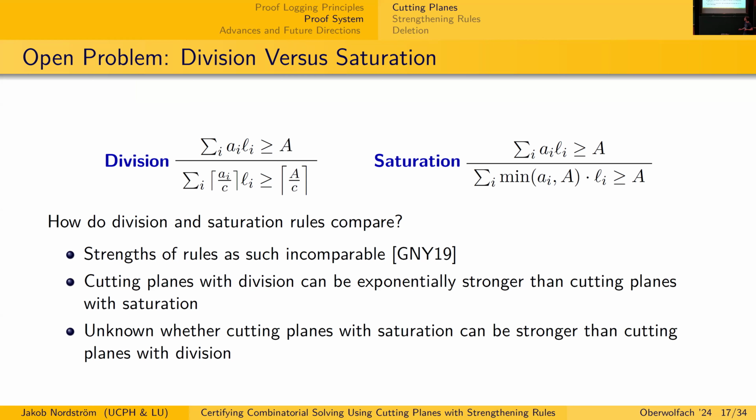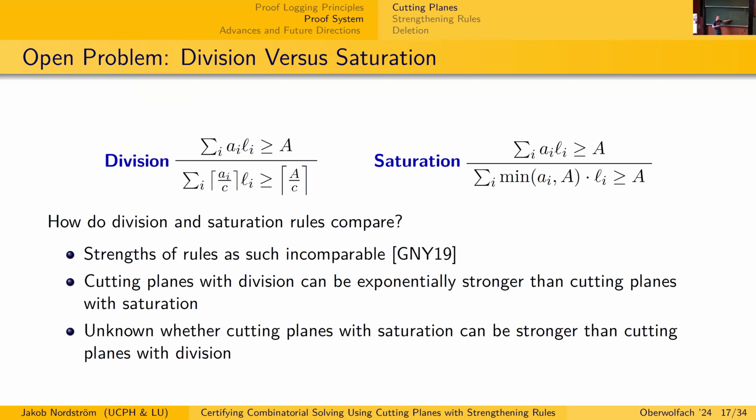They're incomparable in the sense that cutting planes with division is always implicationally complete, and that's not hard to see. For instance, if I give you x plus y greater equal 1, x plus z greater equal 1, y plus z greater equal 1, and I give you cutting planes with linear combinations, multiplication, and saturation, it's an exercise to prove that I can never, in no length, derive that 2 out of these 3 variables are true.